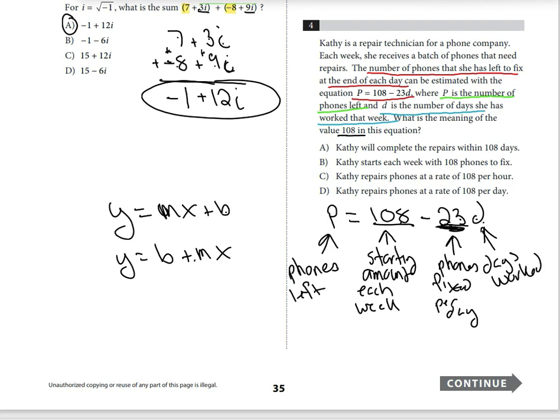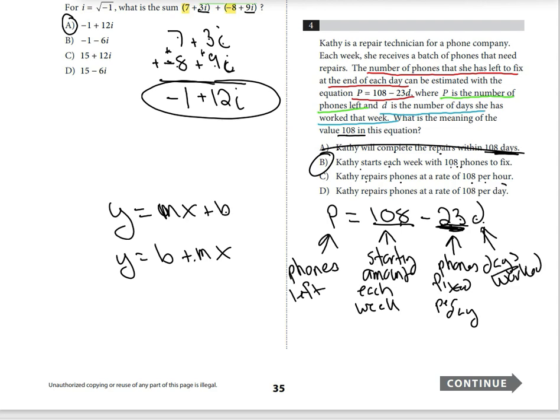So where do we find that? Kathy will complete the repairs within 108 days. Well, it's not 108 days, so that's not going to be it. Kathy starts each week with 108 phones to fix. Well, that's it, right? The starting amount each week is 108, so it looks like it's going to be that. Let's just double check C and D. Kathy repairs phones at a rate of 108 per hour.